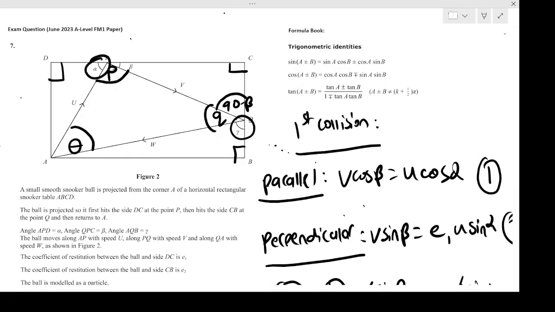Exact same story for alpha over here, because there's already a 90 degree angle in the triangle. So that forces alpha to be less than 90. So yes, indeed, we can do that technique because alpha and gamma are less than 90.